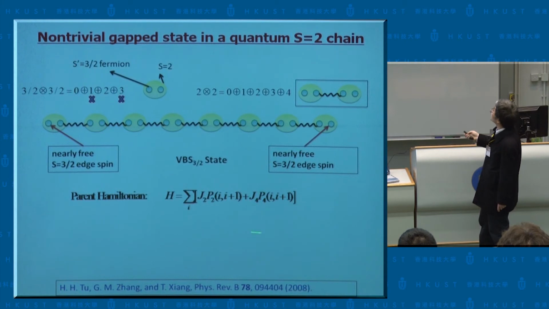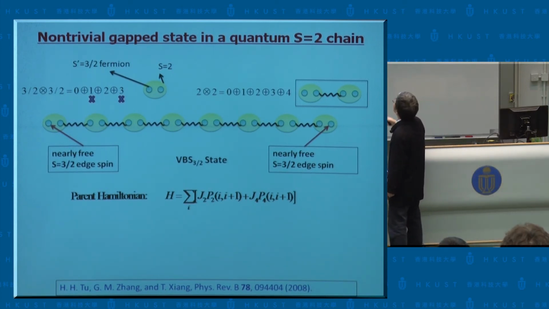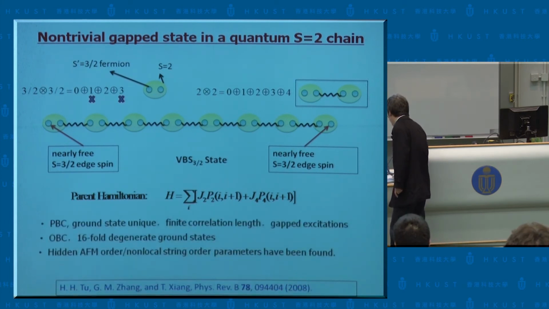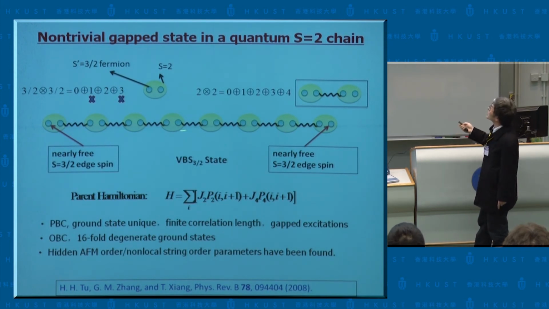For this state, we can also find the parent Hamiltonian, which is given by P2 and P4 instead of P3 plus P4 in the generalized AKLT case. The properties of the ground state for this new gapped state are the following. For periodic boundary conditions, the ground state is unique with a finite correlation length. For the open boundary chain, we have a 16-fold nearly degenerate ground state.